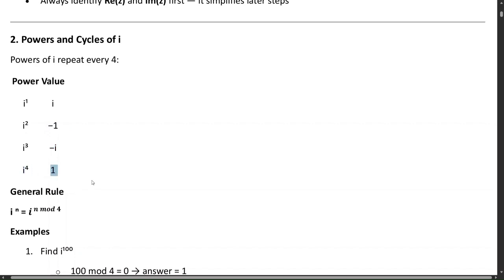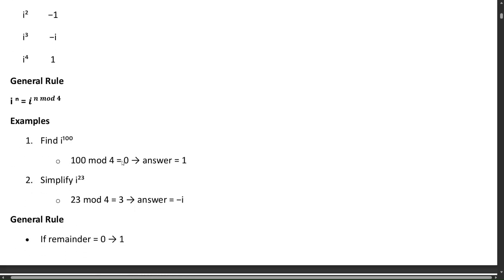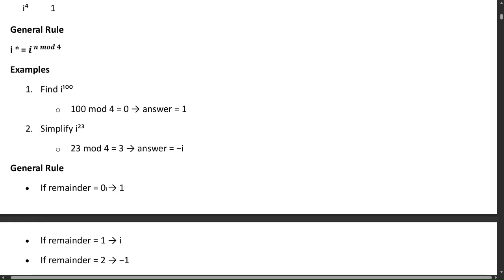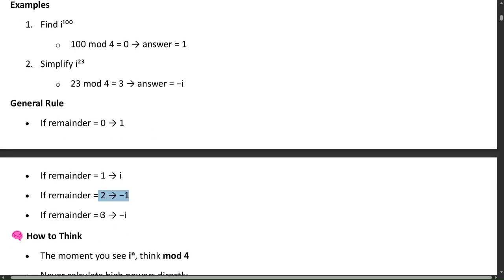So instead of calculating large powers directly, we can use the remainder when the exponent is divided by 4. So the general rule for i raised to n is i raised to n mod 4. After doing this, if the remainder is 0, then replace it with 1. If it is 1, then replace it with i, 2 then minus 1, and 3 then minus i respectively.